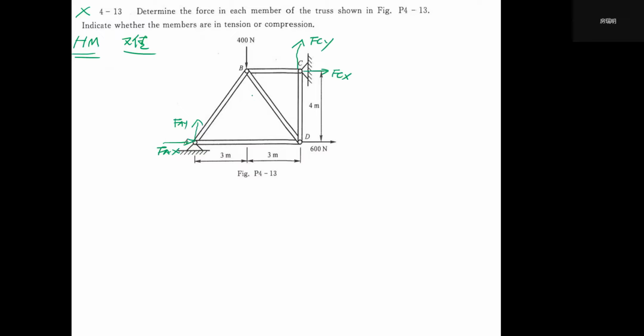It's very hard because we only have three equations. How can we find four unknowns?